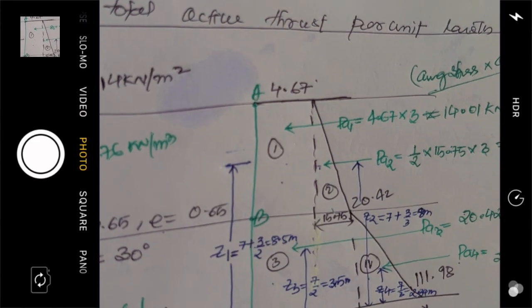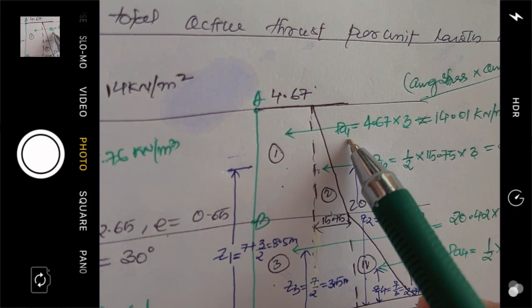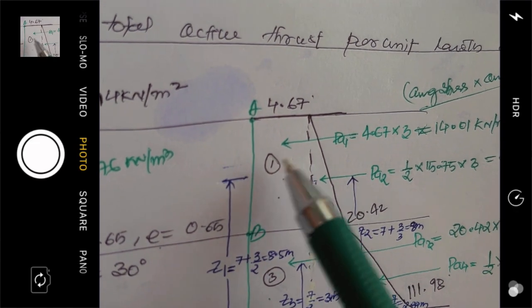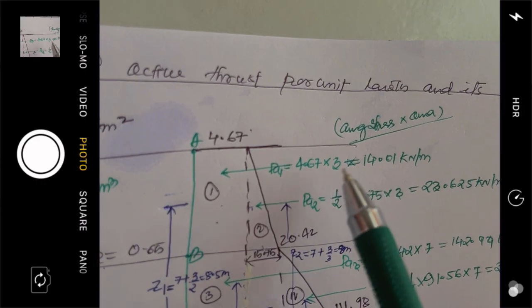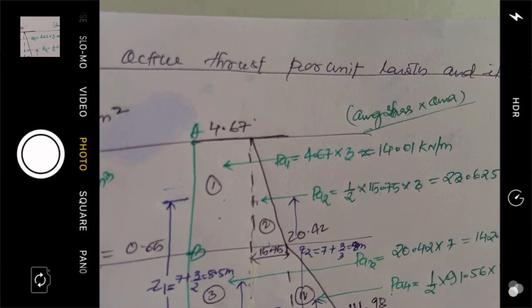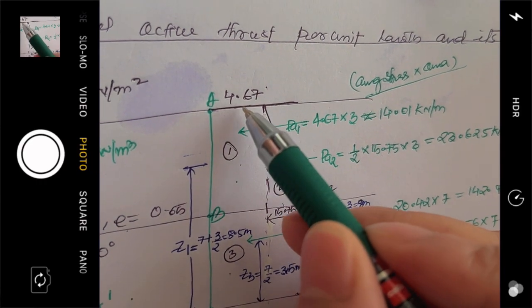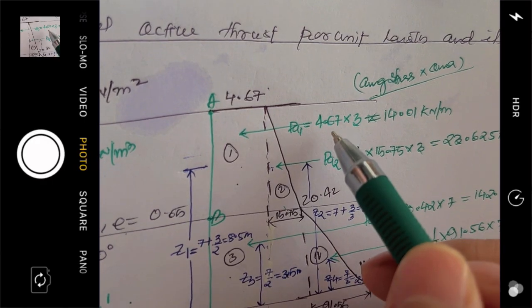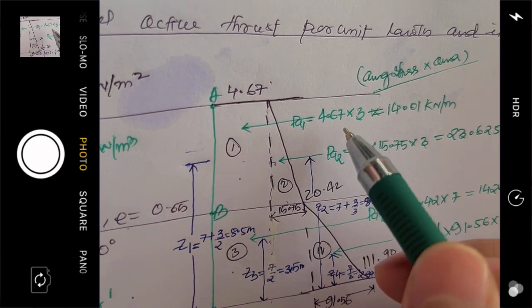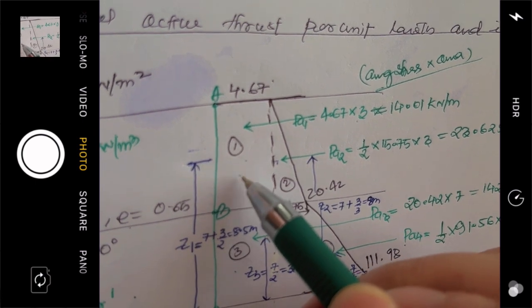So we'll find out the PA1 force of this. The force is average stress into area. So average, we can see, is 4.67 kilonewton per meter square into area, 3 into 1, 3.